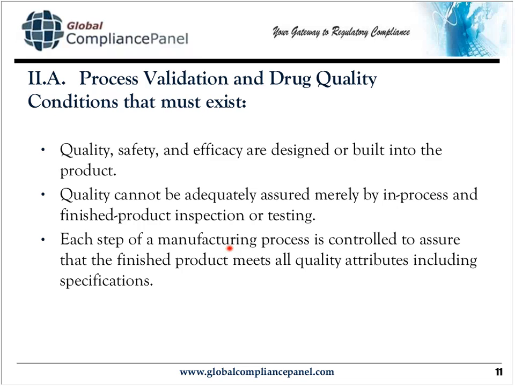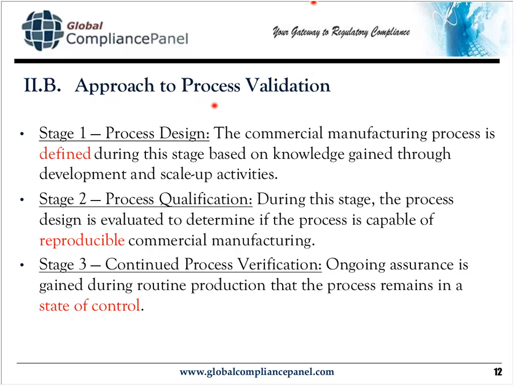Now, they also talk about each step being controlled, and we'll talk some more about exactly what a controlled manufacturing process is from their point of view. But here's the thing. There are three parts to a process validation.